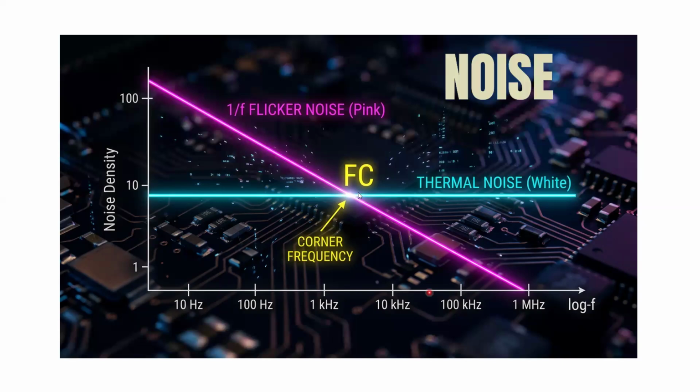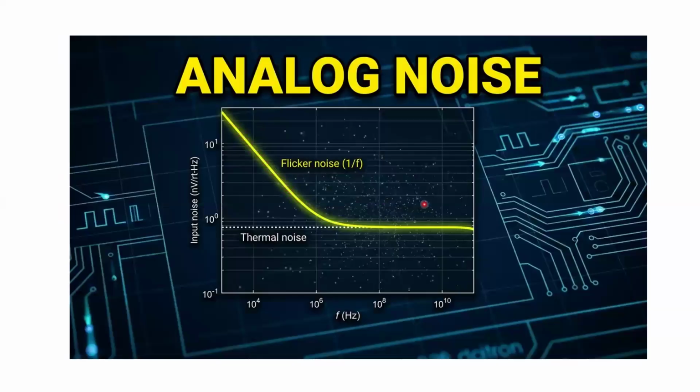There is one point called the intersection of both of these noises, at a specific frequency, shown around, let's say, 1 kilohertz. This is called fc, or the corner frequency, which indicates the intersection between the 1 over f noise and the thermal noise. Okay, so that is your noise.